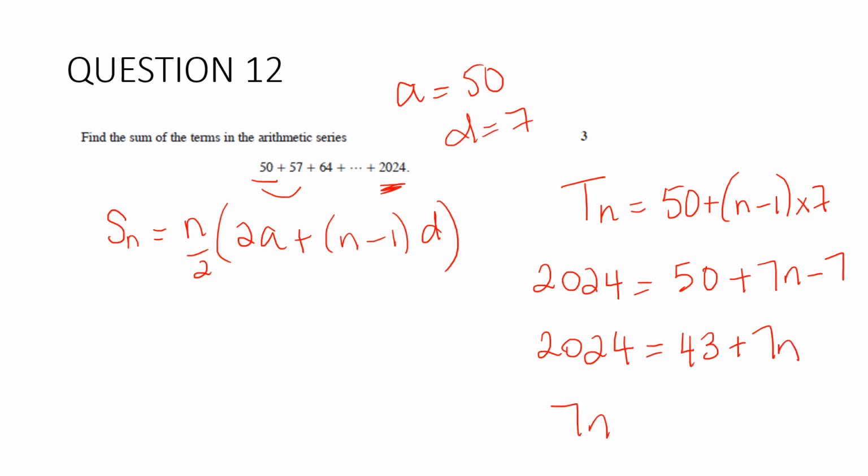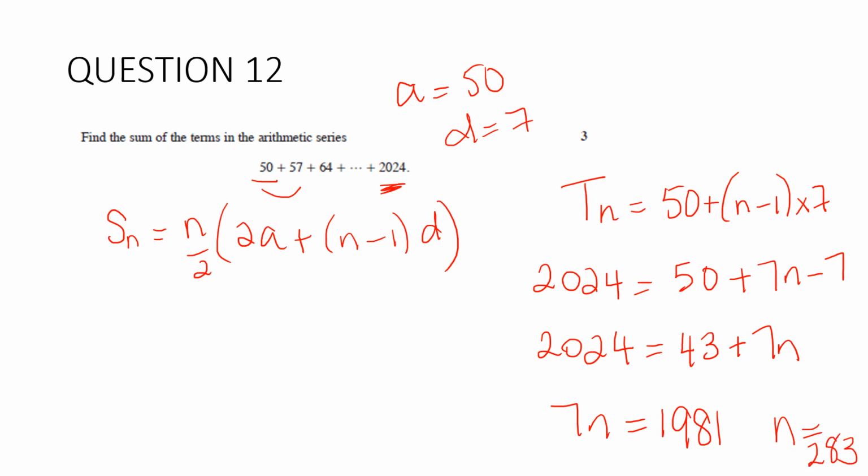Let me just grab my calculator. 2024 take away 43 is 1981. And so n is equal to 1981 divided by 7, which hopefully is an integer, and it is 283.